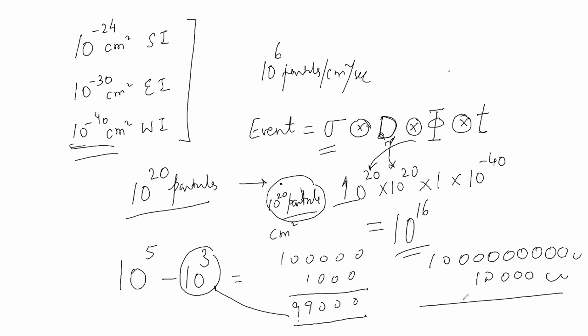Sir, is the detector only detecting scattered particles or all the particles? No, only scattered particles. It won't detect unscattered particles. Okay, so that was my confusion.